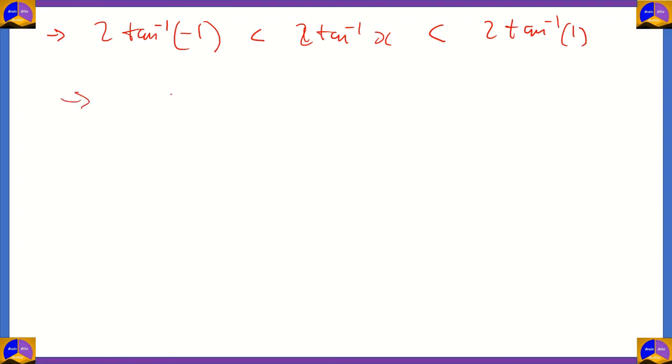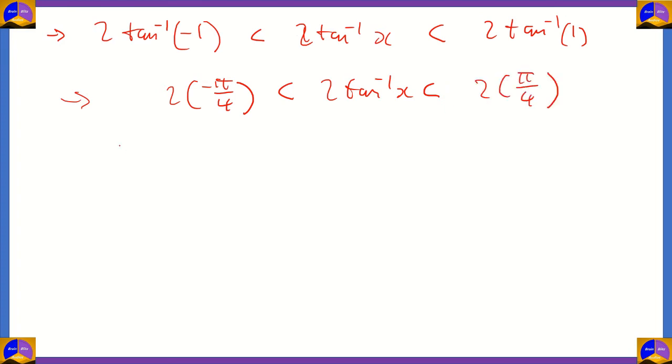So 2 tan inverse of minus 1 is 2 times minus pi by 4, less than 2 tan inverse x, less than 2 tan inverse of 1, which is 2 times pi by 4. So therefore minus pi by 2 less than 2 tan inverse x less than pi by 2.